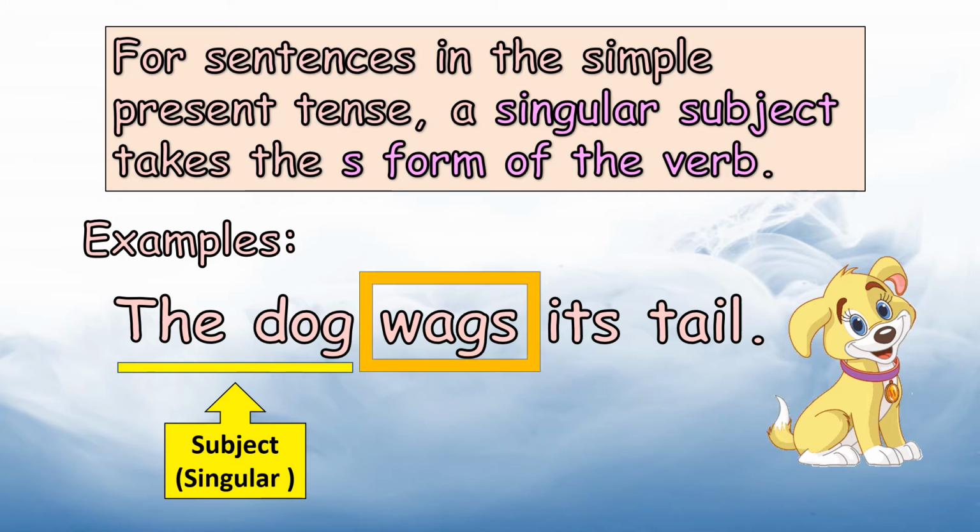Wags. If you will notice, the verb wags is in S form because the subject in the sentence is singular.